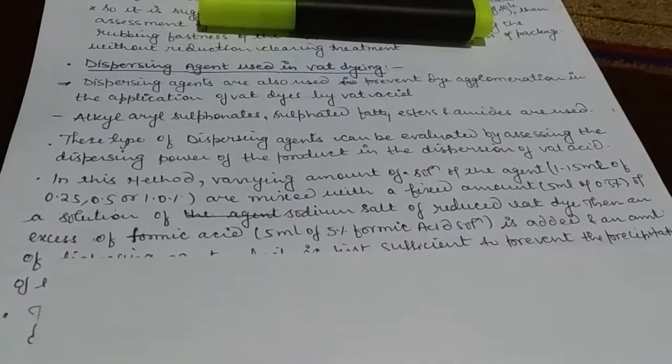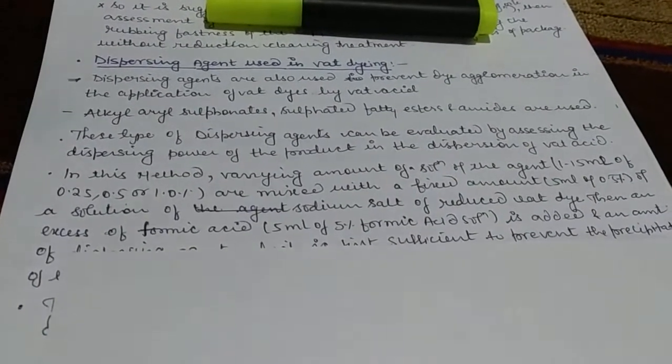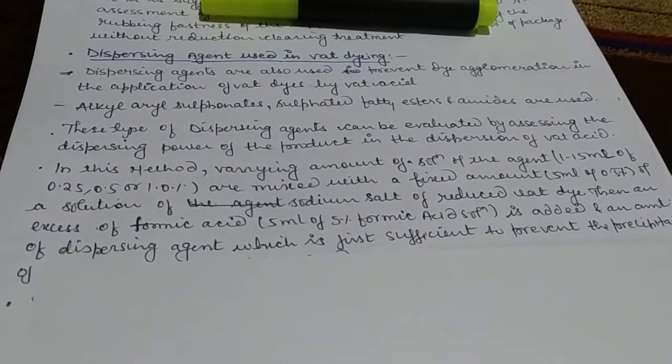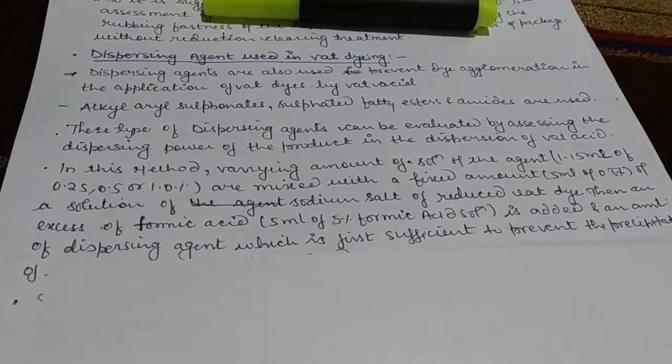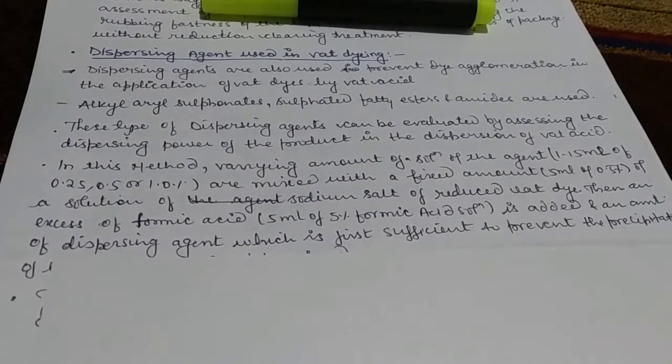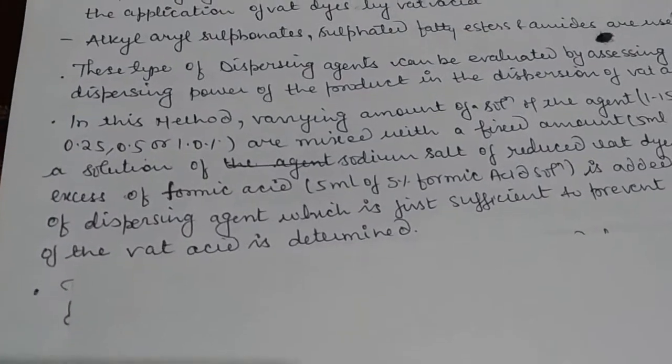It means the reduced vat dye is mixed with a dispersing agent. Then an excess of formic acid, which is 5 ml of 5% formic acid, is added and an amount of dispersing agent which is just sufficient to prevent the precipitation of the vat dye is determined.